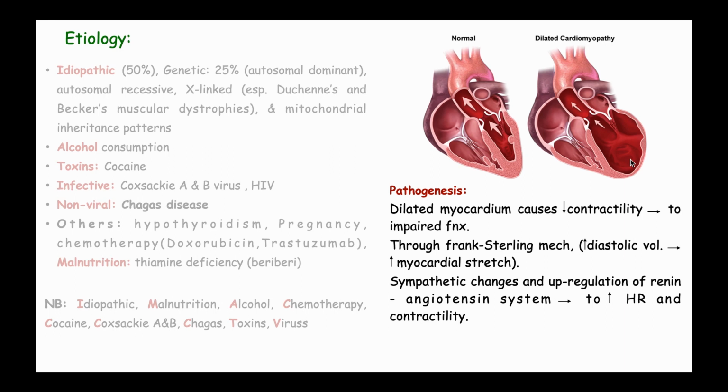And as the dilatation occurs and the heart chambers functionally get impaired, the body attempts to compensate with two main mechanisms. The first mechanism is the Frank-Starling mechanism, where an increased diastolic volume will lead to an increased myocardial stretch.